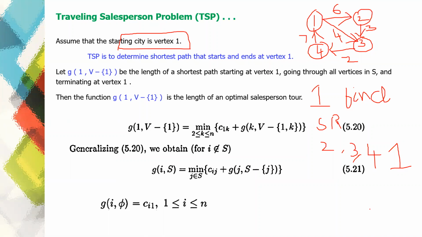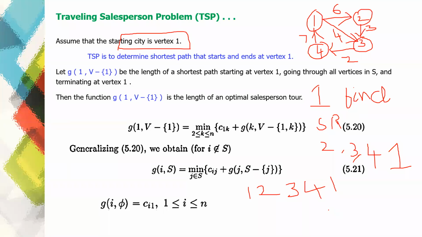You start from city number 1. Then you have to find the shortest route through which all the remaining cities can be traveled. So you have to find the shortest path from 1 to the remaining 3 cities. And then finally you have to return to the starting city number 1. So this path may be 1, 2, 3, 4, and 1. This might be the shortest path. And the order of travel, you can see that 1, 2, 3, 4, 1.